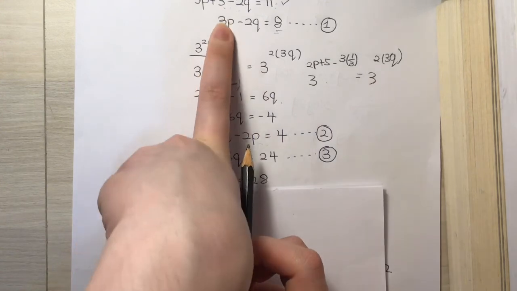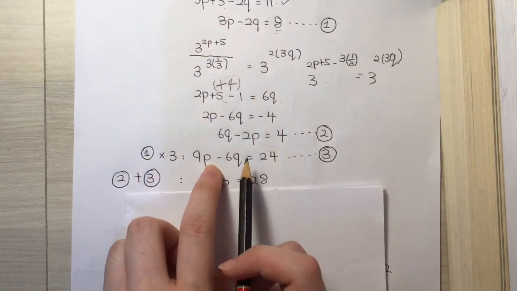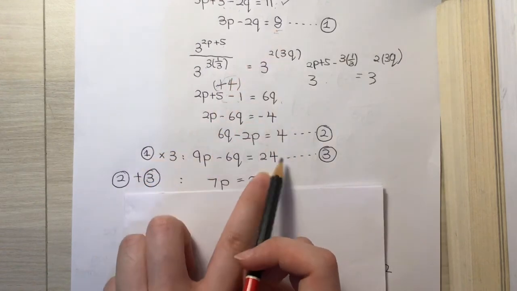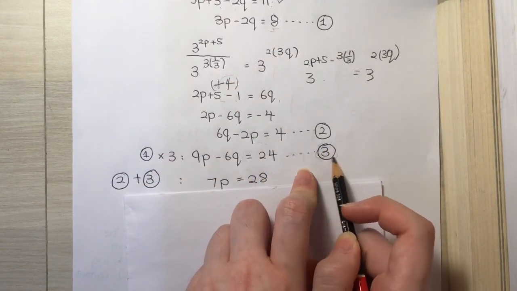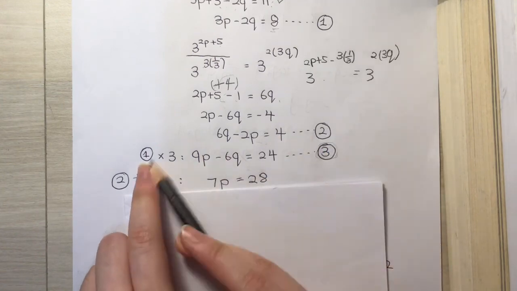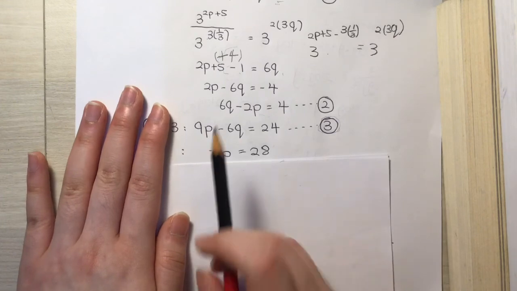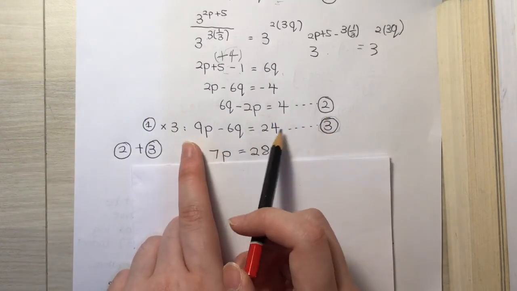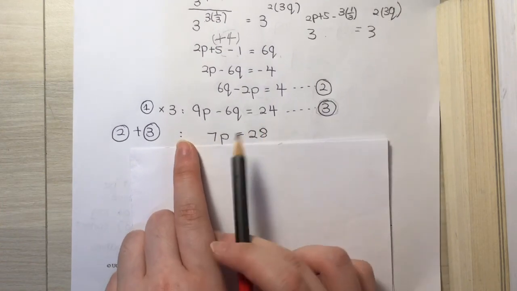And 3p over here, since I multiplied the entire equation by 3, becomes 9p. And then 8 multiplied by 3 becomes 24. And this is our third equation that we're using. In other words, I modify equation 1 into equation 3, so it's easier to solve the remaining question.